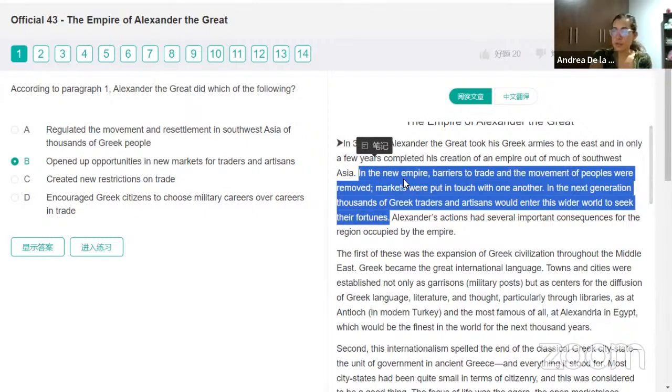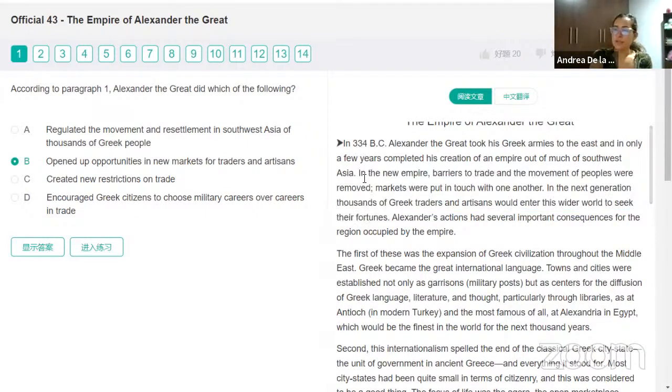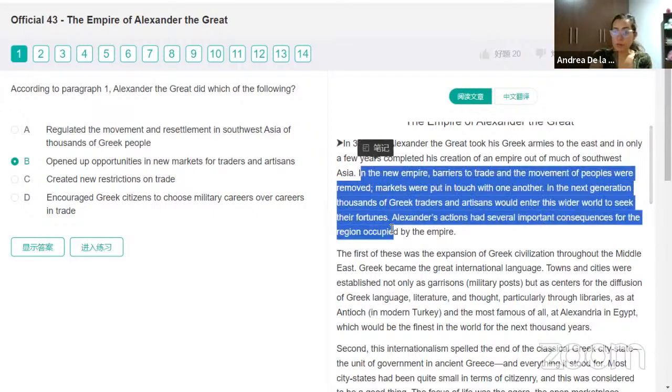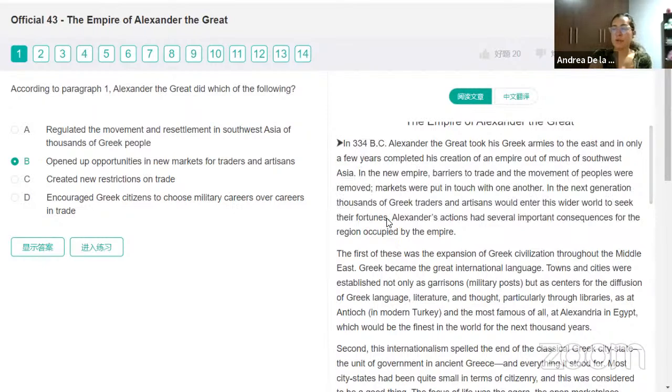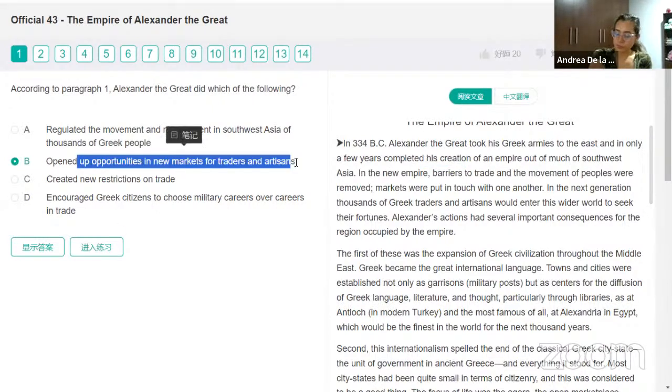Del comercio y de los artesanos. Entonces, si es toda la idea, entonces puedes, una vez que tienes la idea, la puedes buscar. Entonces, es idea por idea. ¿Qué hizo? Eliminó barreras al comercio, abrió nuevos mercados, creó un imperio. La única opción que tenemos es el mercado. Más o menos así, en ese sentido.